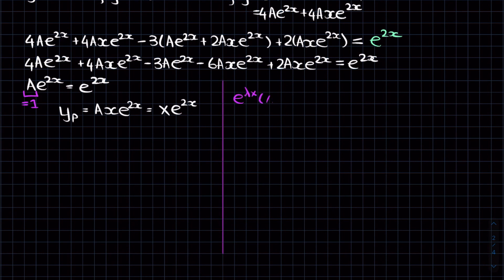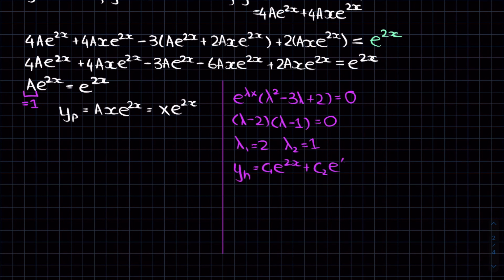Using the characteristic equation method, we find that lambda 1 equals 2 and lambda 2 equals 1. So our homogeneous solution, y sub h, equals c1 e to the 2x plus c2 e to the x for some constants c1 and c2. Notice that our c1 e to the 2x is exactly the same as our initial guess a e to the 2x, because a and c are both just some constants.